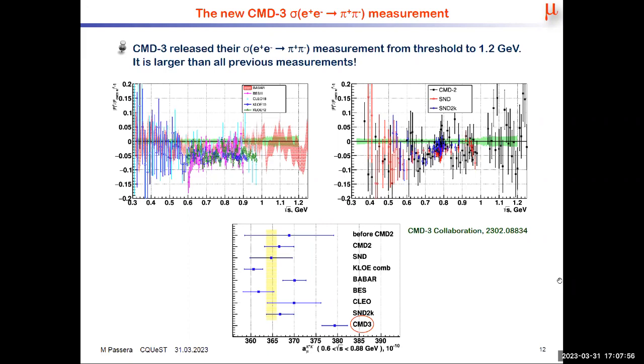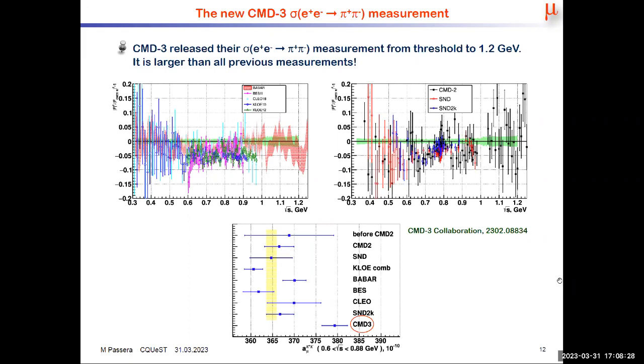And this is a comparison of CMD3, again the green band, with the data also from Novosibirsk, but from previous collaborations, CMD2 and SND. So really a very, very complicated situation. We definitely need confirmation. This is yet another puzzle. I should have put puzzles in the title of the talk today, because we really have many.